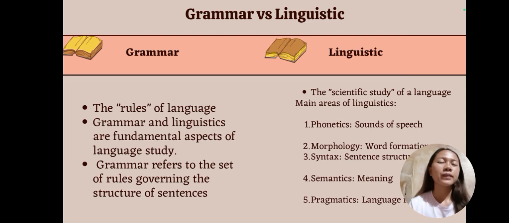So grammar versus linguistics: grammar has the rules of language, while linguistics is the scientific study of language. Grammar and linguistics are the fundamental aspects of language study. Grammar refers to the set of rules governing the structure of a sentence.